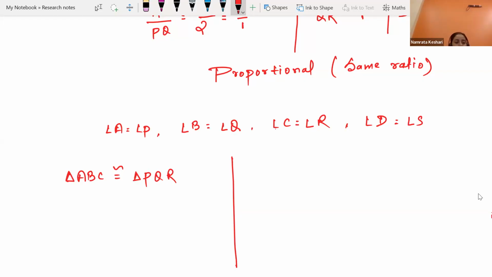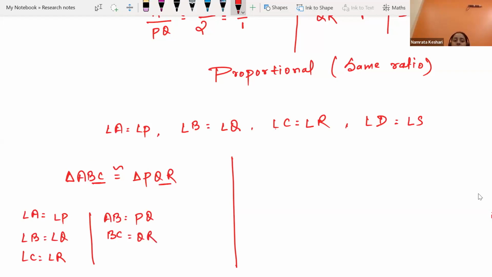We can write angle A equals angle P, angle B equals angle Q, angle C equals angle R. And we can also say that side AB equals side PQ, side BC equals side QR, and side AC equals side PR. Congruency I'm talking about.